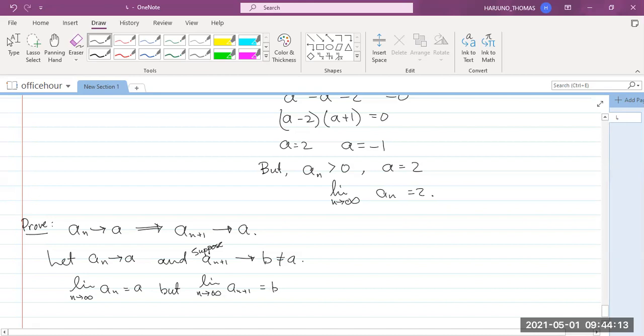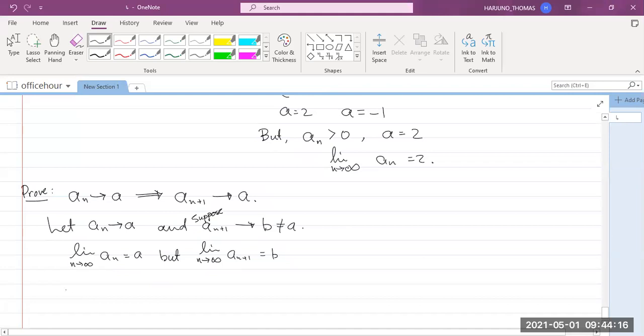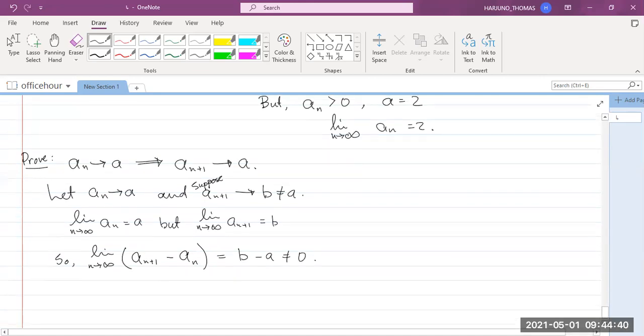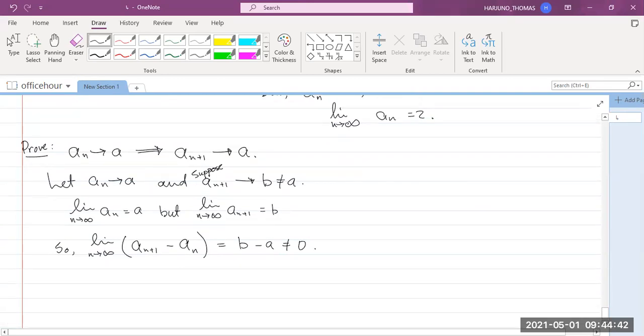Okay, now then what ends up happening is the limit as n goes to infinity of a sub n plus 1 minus a sub n is B minus A, which is not 0. Now it will lead to a contradiction.